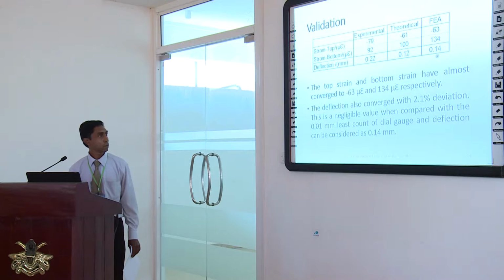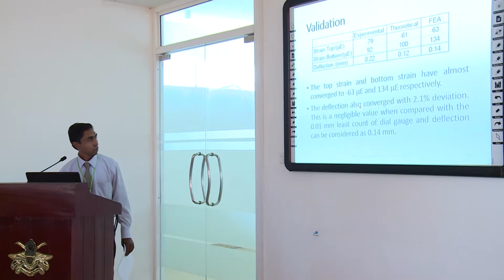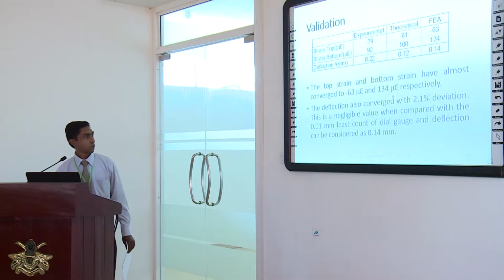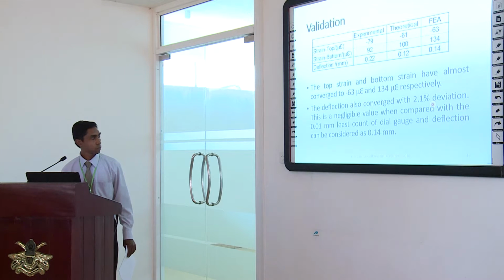You can see they are almost the same in theoretical, but there is some deviation in experimental. Convergence is achieved because there is a 2.1% deviation from the previous result. That is in an acceptable range, so I accepted that value.